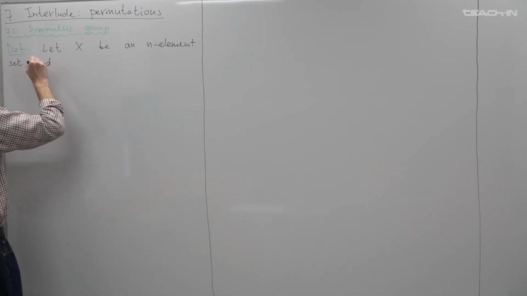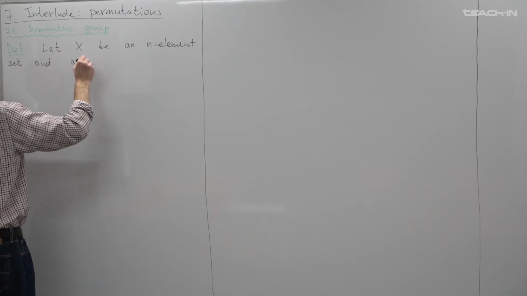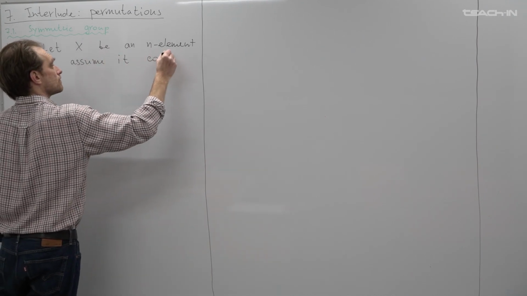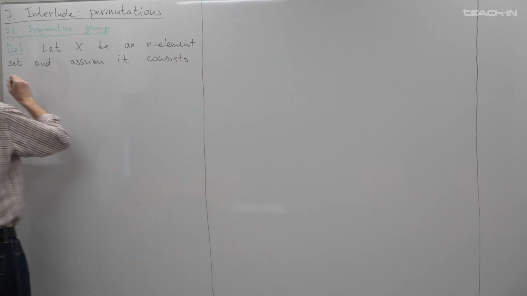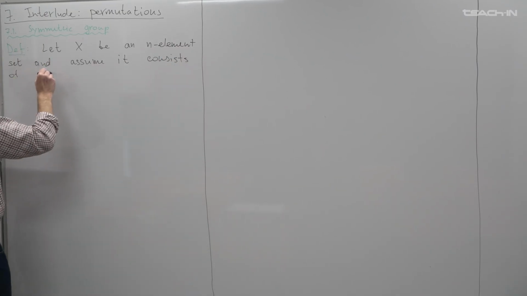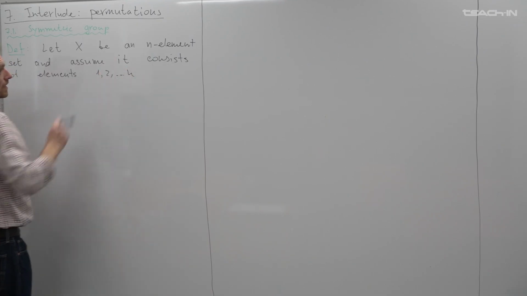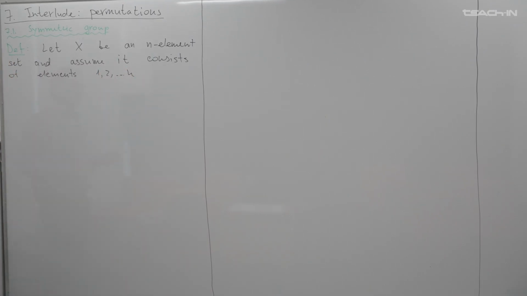And assume it consists of elements 1, 2, etc. n. So we have the set that consists of elements that are denoted by 1, 2, etc. n.